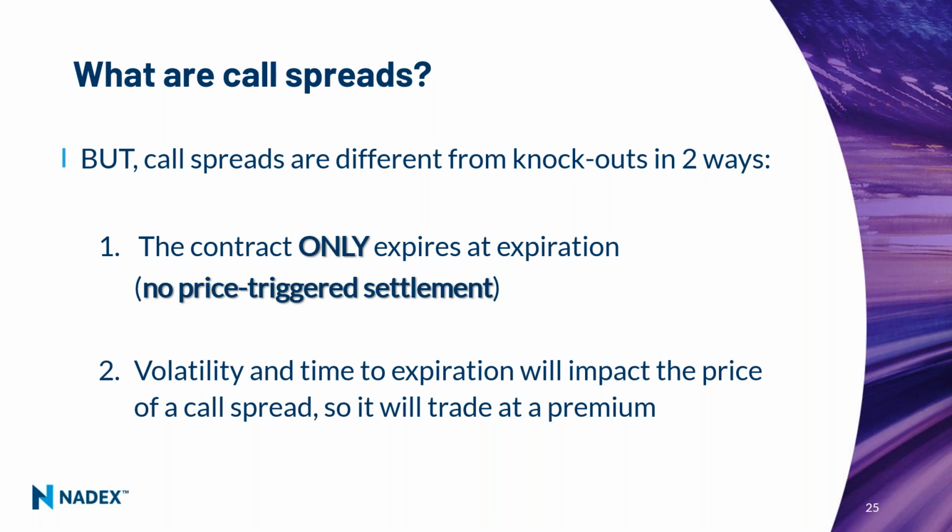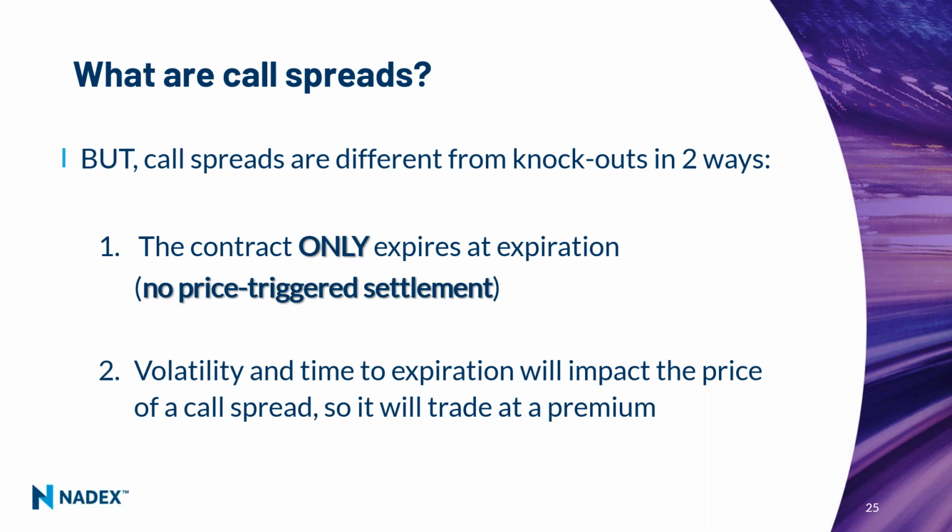With a call spread, volatility and time to expiration are going to impact the price of a call spread. So when you look at the price of a call spread, it is not going to mirror exactly the price of the underlying. There is going to be a premium baked into it. That is because there is optionality.